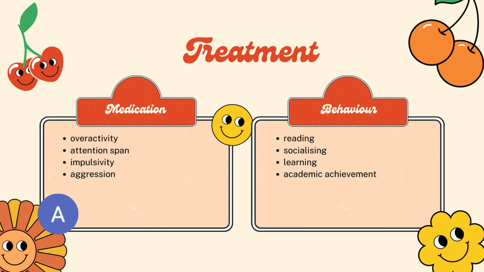This is included to help the children to improve their reading, their socializing, their learning, their academic achievement, and of course, the way they behave. To understand, how do I behave in a social setting? How do I behave in a table sitting mannerism? How should I behave in a certain situation that would not hurt myself, would not hurt others, and would be accepted by all people around me?